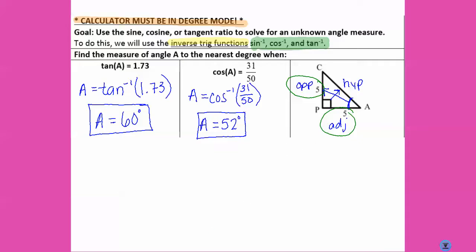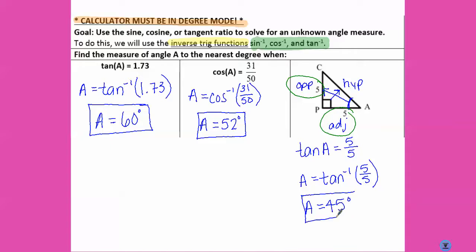So, tangent of A would equal 5 over 5, which we could simplify to 1 if you wanted, or you could also do that A equals tangent inverse of 5 over 5, or tangent inverse of 1. It'll give us the same answer. It gives us that angle A is 45 degrees.